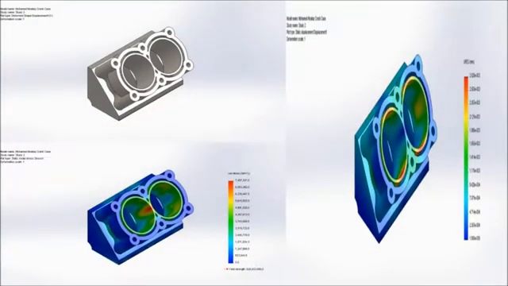The stress analysis for the crankcase made of alloy steel shows that under a pressure of 400 kilonewton per meter square, the crankcase had a maximum stress of 7.5 meganewton per meter square, an average stress of 4.4 meganewton per meter square, and a maximum displacement of 3 micrometer.